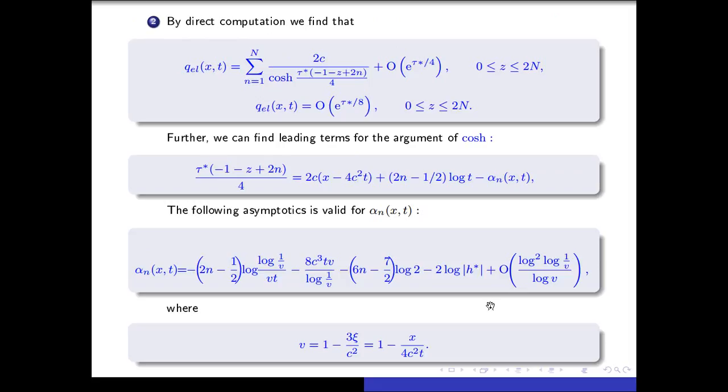So here we already have objects which are hyperbolic cosines, and now we need to express the argument of this cosine in terms of x and t, and we can do this, and we find the following asymptotics of this argument.